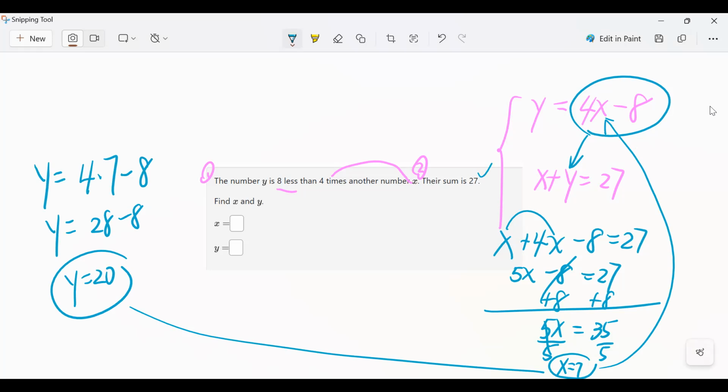And also, this 20 is 8 less than 4 times 7. 4 times 7 is 28, 8 less, minus 8, that gives us 20. So that actually satisfies both equations. So x equals 7, y equals 20. Any question about this?